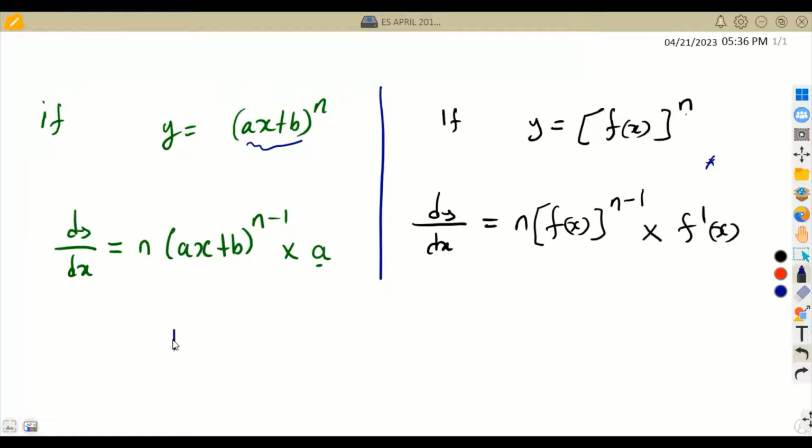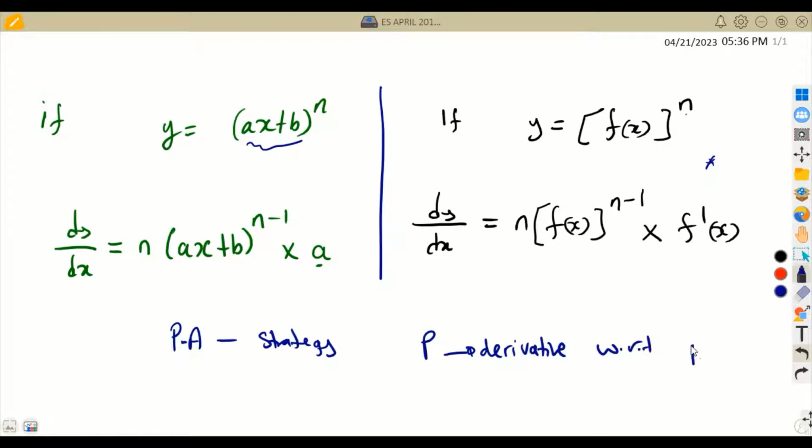So what are we simply applying? We are applying what we refer to as the PA strategy, whereby P is representing the power. So we differentiate with respect to the power.